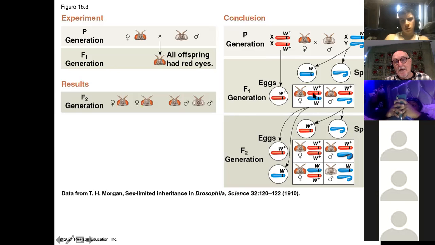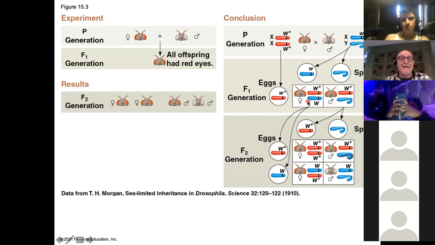But now we're going to breed them against one another. What kind of sperm can these males produce? They can produce W+ and Y. But what can she produce? She's heterozygous. Her eggs, W+, and look there. There's the mutant allele. She had it hidden here.